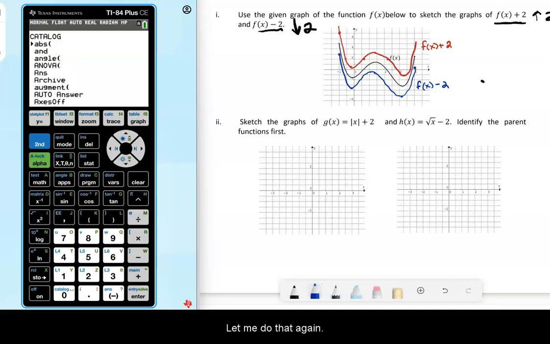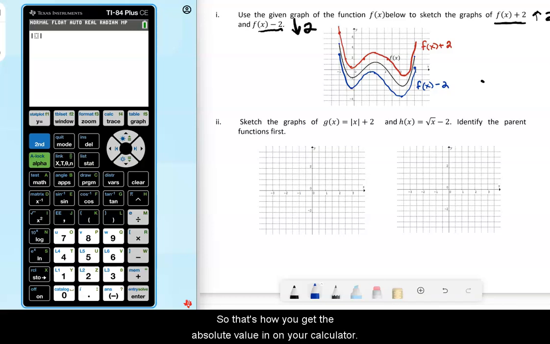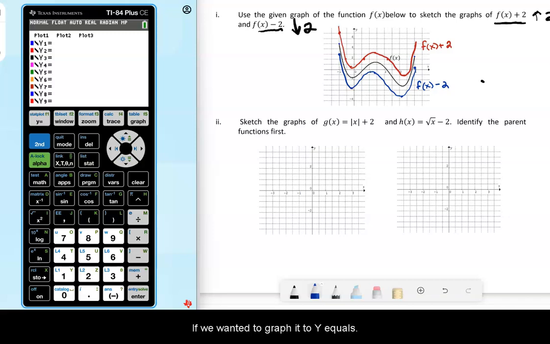Let me do that again. So that's how you get the absolute value in on your calculator. If we wanted to graph it, y equals, second catalog, enter, and it puts the absolute value bars in your y equals editor.